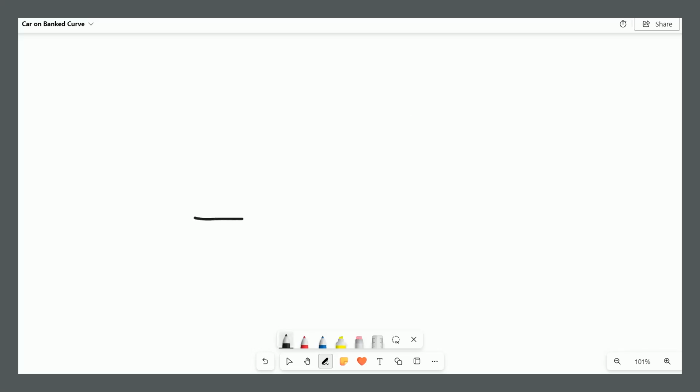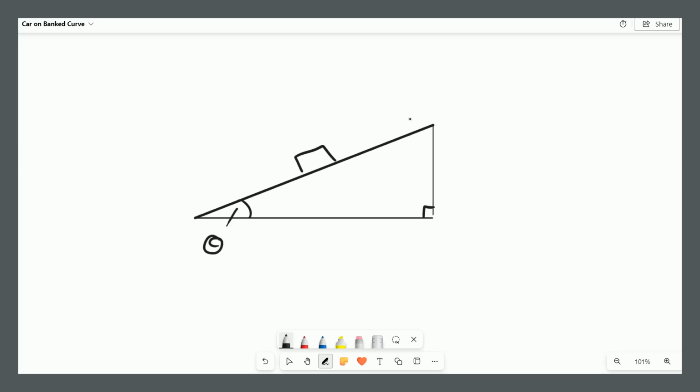So I'm going to draw this incline again. There's our mass, there's our angle theta, there's our force of gravity, Fg, there's our normal force, Fn, and they add up to the centripetal force, which is our total force here, Ft.